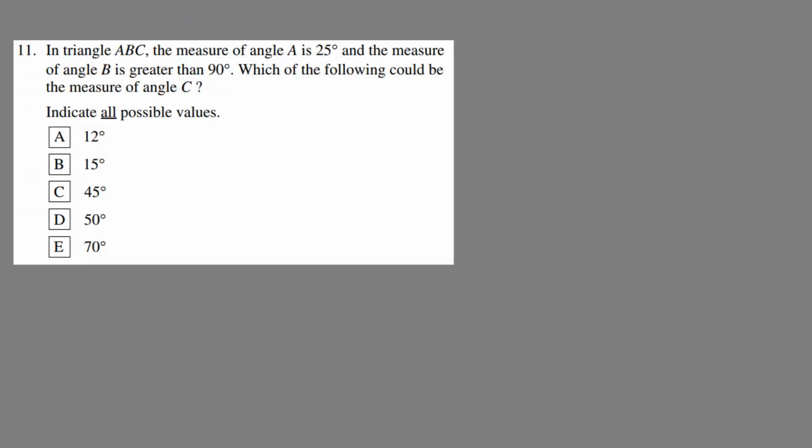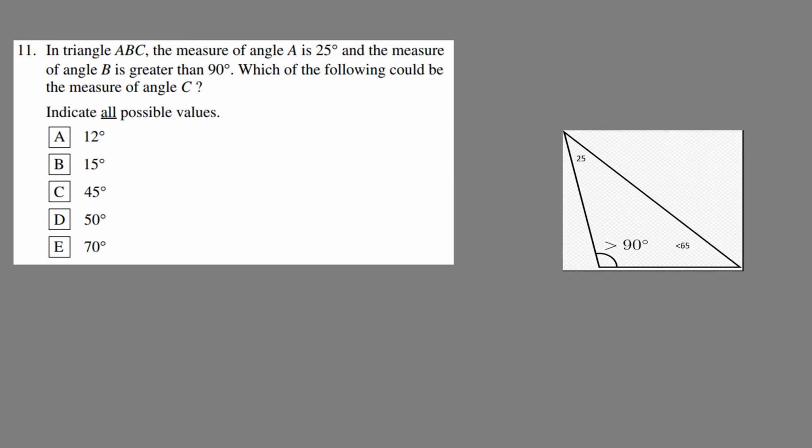In a triangle ABC, the measure of angle A is 25, the measure of angle B is greater than 90. Which is the following measurement for C? So angle A is 25, angle B is greater than 90. So naturally, the other angle should be less than 65 because the sum of the three angles should be exactly equal to 180.